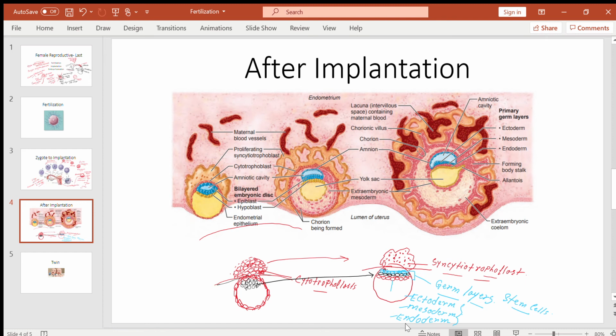Endoderm, let me quickly and briefly go over this.